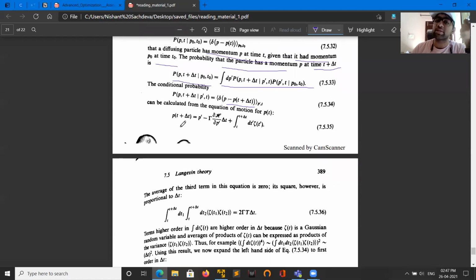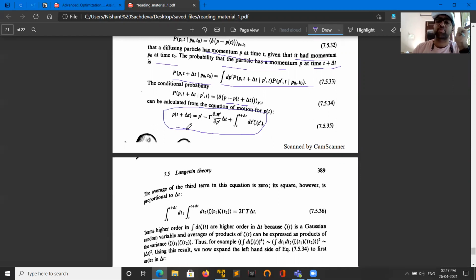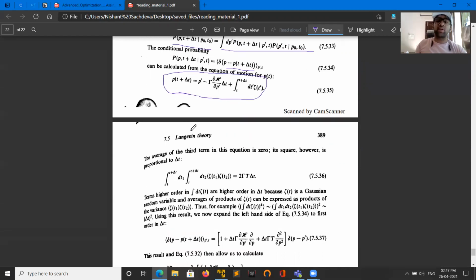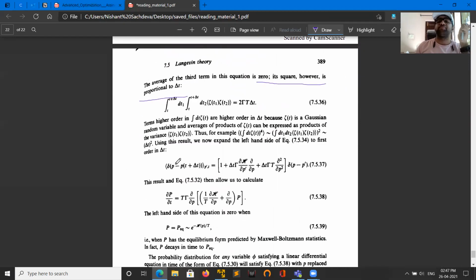This can be calculated by the equation of motion for p of t using this. The average of the third term in this equation is 0. Its square, however, is proportional to delta t. The terms which are higher in order than this particular integral are higher in order in delta t because tau of t is a Gaussian random variable, and averages of products of tau of t can be expressed as products of the variance, the average of tau of t1, tau of t2.